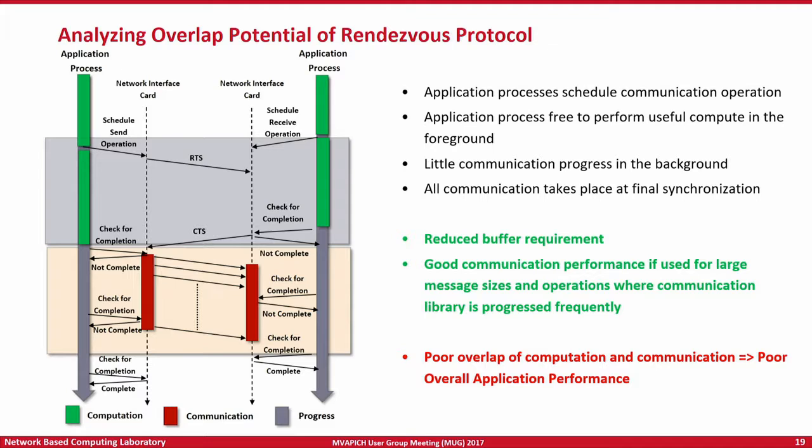But the problem is, if you have an application which is progressing the communication frequently, then that is going to lead to very bad performance. MVAPICH2 has an environment variable called MV2_RNDV_PROTOCOL. So log on to OSC or whatever supercomputing system you have access to, and run the OSU bandwidth or bidirectional bandwidth test after setting the rendezvous protocol to R3.